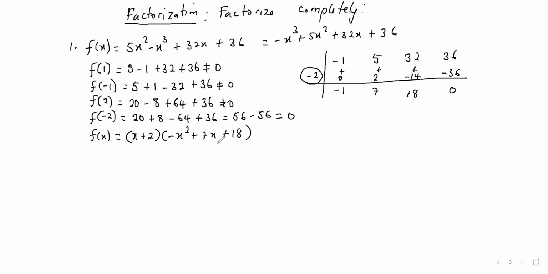And so we factorize this again. So the product of this is actually equal to negative 18, and then the sum is 7.